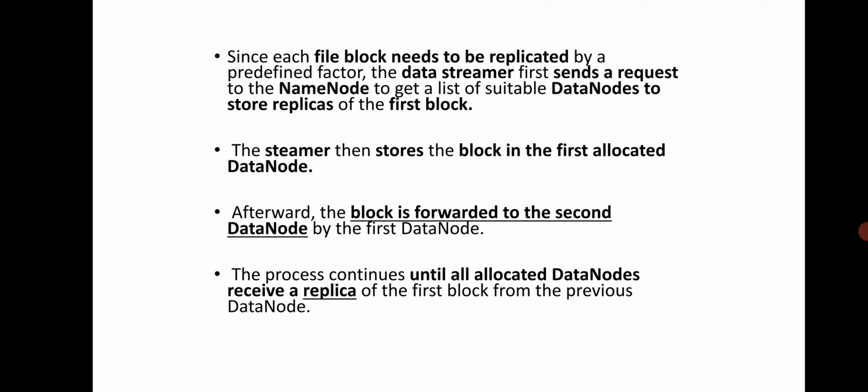The streamer then stores the block in the first allocated data node. Afterward, the block is forwarded to the second data node by the first data node. The process continues until all allocated data nodes receive a replica of the first block from a previous data node.